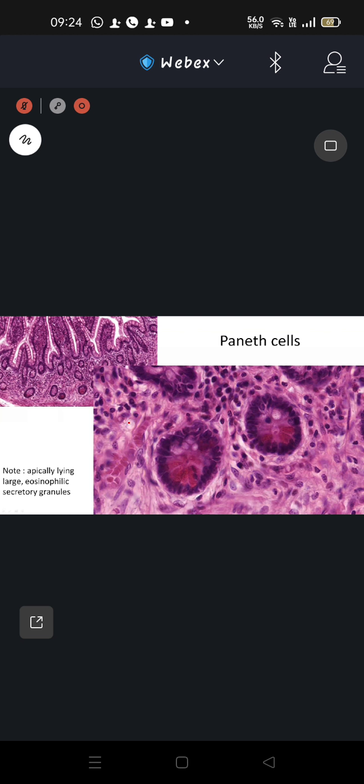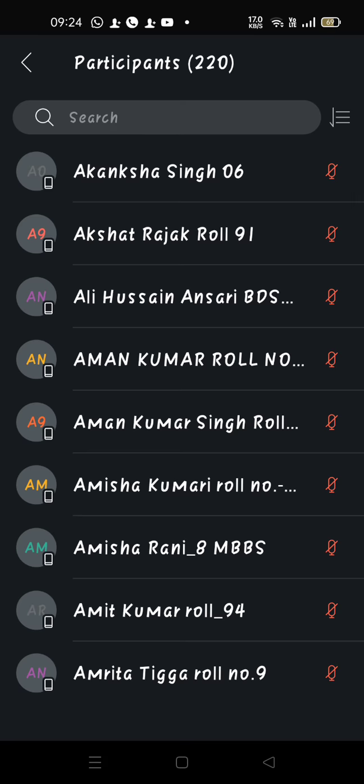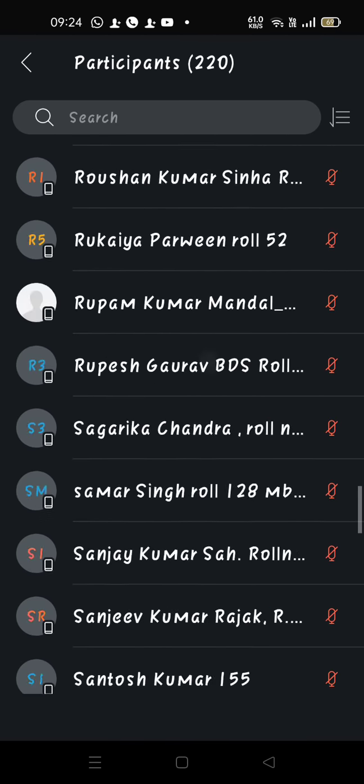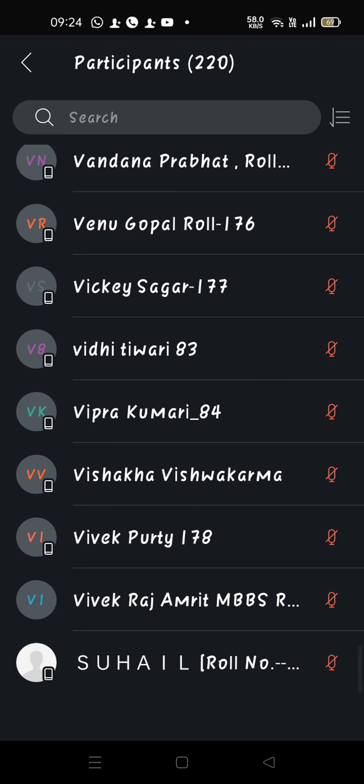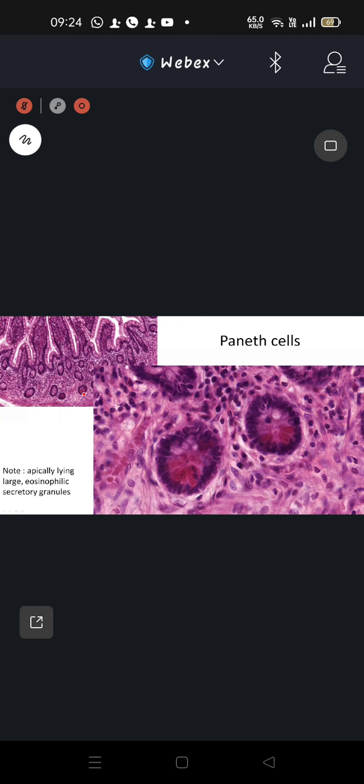Now the Paneth cell, which is lying in the basal portion of the intestinal gland, as we can see here. This is a low power view showing the basal portion of the intravillous space. What we can see here is a villus, another villus, and between them is the intravillous space having this simple tubular gland. In the basal portion we can see these eosinophilic cells.